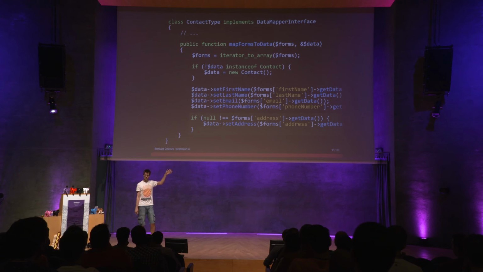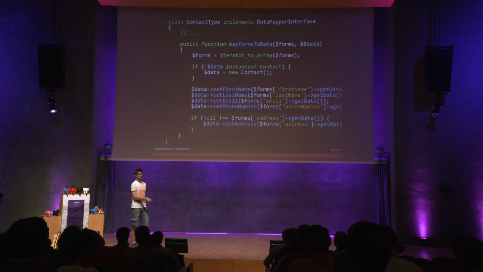So I usually do that. It's very simple code. It's a bit more to write, but it gives you a lot of control and flexibility. And if this value is null, the form will display an error message due to the constraint that we added to the field.